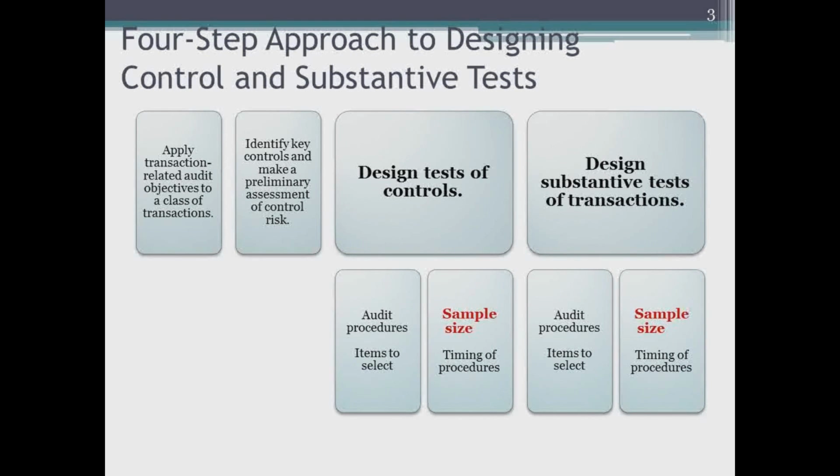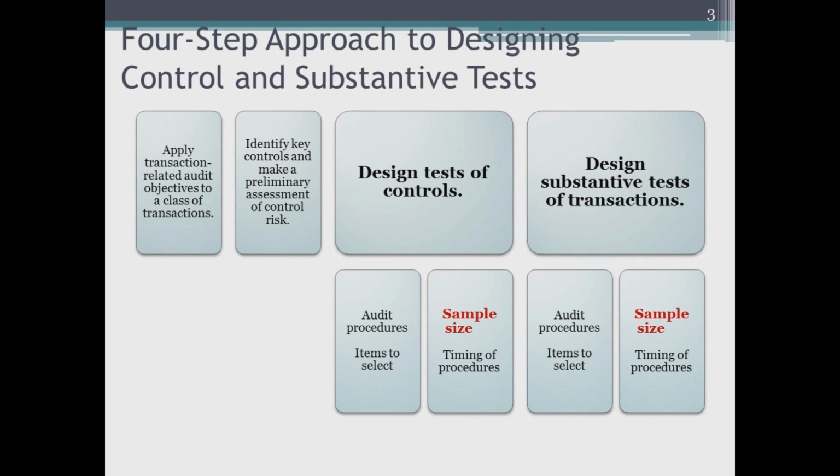The four-step approach is: apply the transaction-related audit objectives, then identify key controls and make a preliminary assessment of control risk. Based on those, we design the tests of controls to determine whether those controls are actually operating, because we need to support our preliminary control risk assessment, and then design substantive tests of transactions.